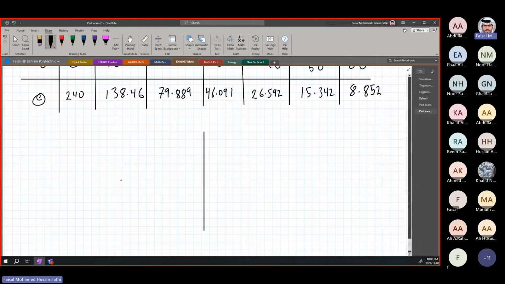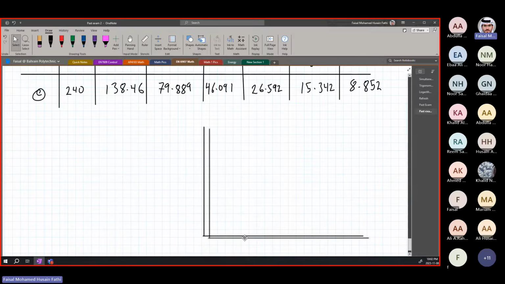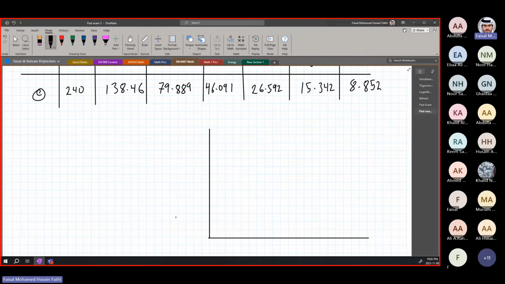Our plot, if we do a straight line, I'll just put it neatly, something like this. This is our y value, or in this case our theta, and here is our time, and we know our time is 10.